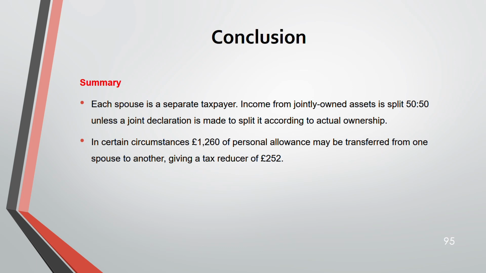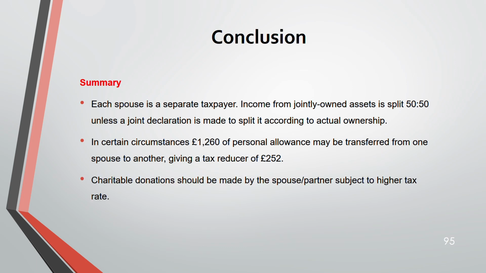And if you take 20% of that, it's 252. So that means the transferee can reduce their tax by up to 252. It's the max. Charitable donation should be made by the spouse who is subject to high rate tax, because then they can reduce their tax further.